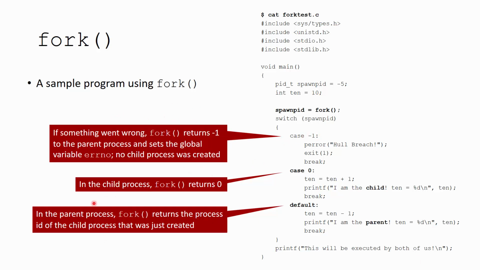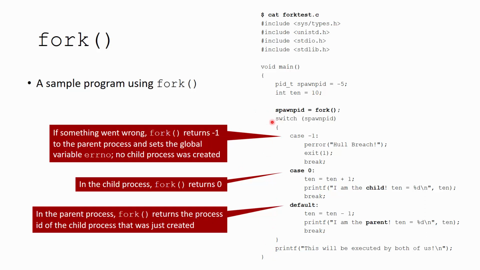In the child process that is running this same copy of code, which begins life here at this fork call, it will immediately go to this branch. And case 0 is when spawn pid has been set to 0 by fork. We know we're in the child process. The parent process, on the other hand, which just executed this fork command, continues along its merry way.